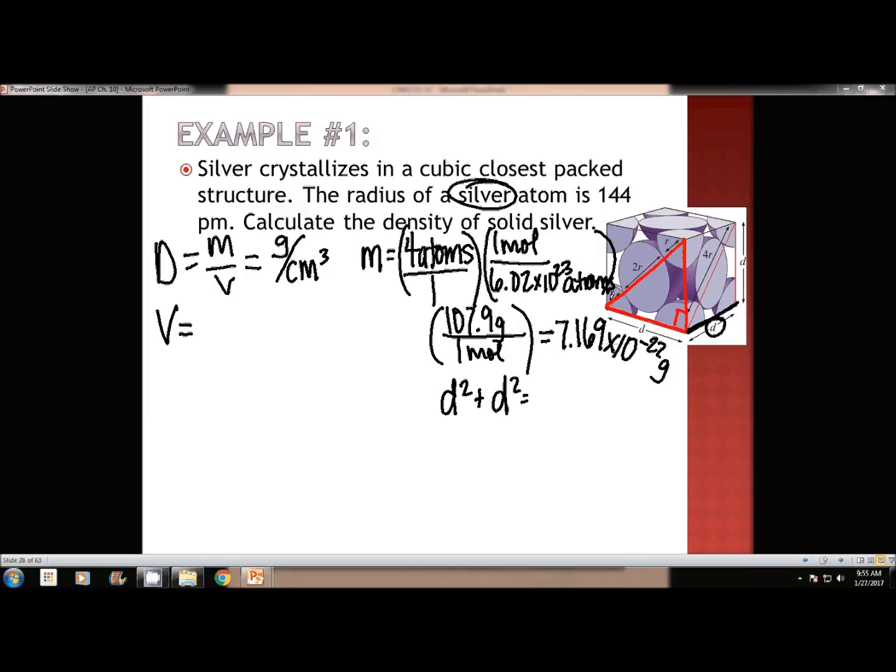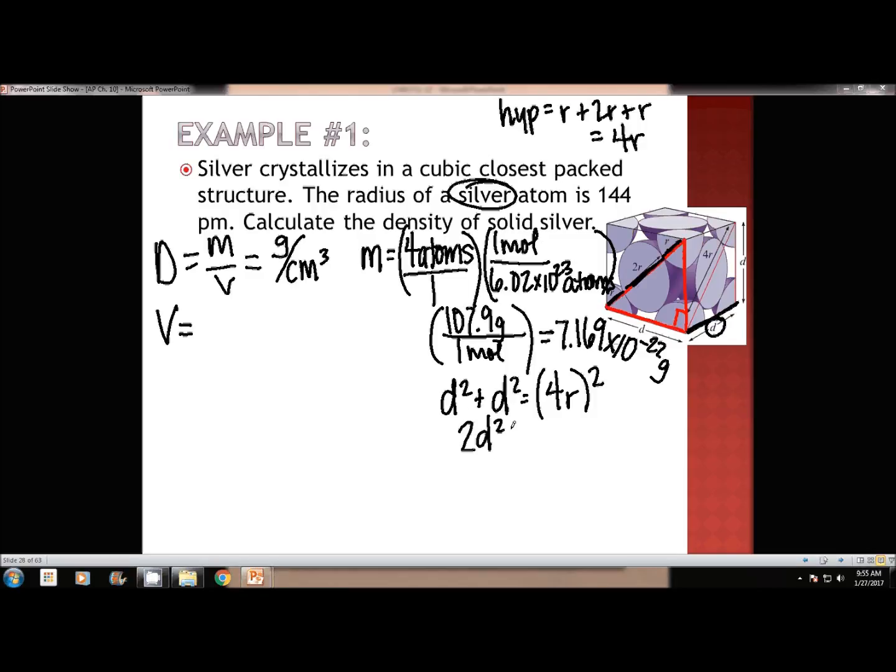We have 1r plus 2r's plus 1r, so the length of the diagonal, the hypotenuse, is equal to r plus 2r plus r, which is technically 4r, correct? So then we have to square the 4r inside parentheses. So working this out, we're going to combine those together.